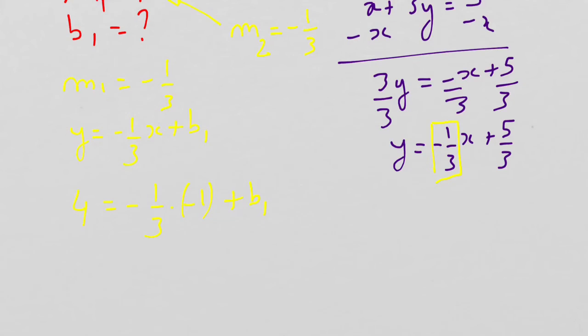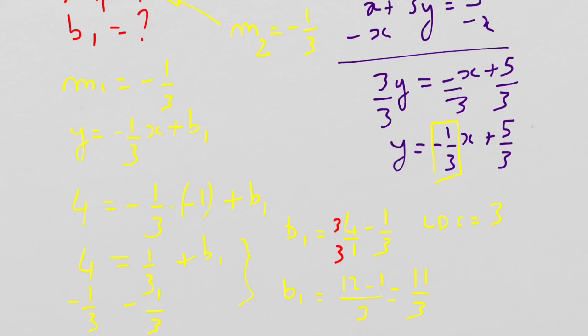Negative 1 times negative 1 over 3 equals 1 over 3, so 4 equals 1 over 3 plus b1. You subtract 1 over 3 from both sides and end up with b1 equal 4 minus 1 over 3. You don't have the same denominator. The LCD is 3, so you multiply by 3 top and bottom of 4, knowing that 4 is 4 divided by 1. And so you end up with b1 equal 12 minus 1 over 3, which is 11 over 3. So far so good.